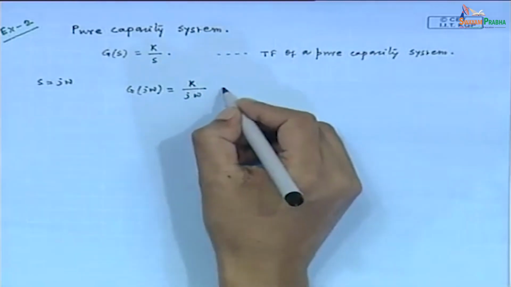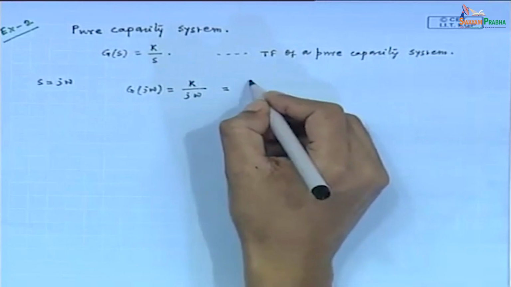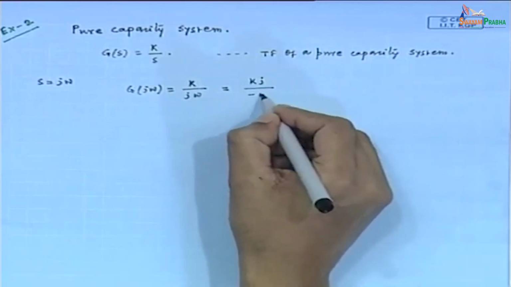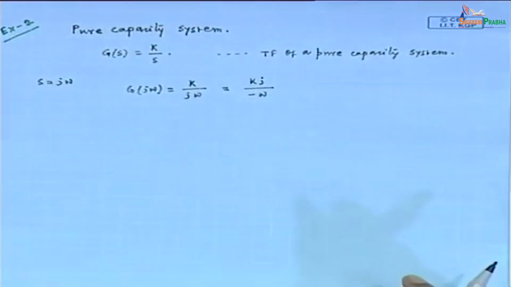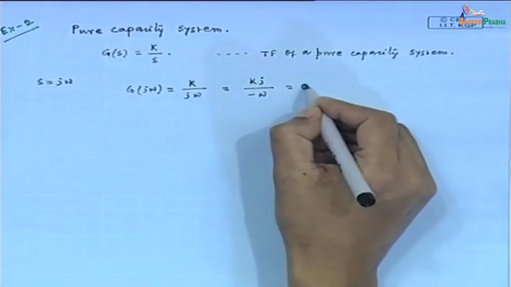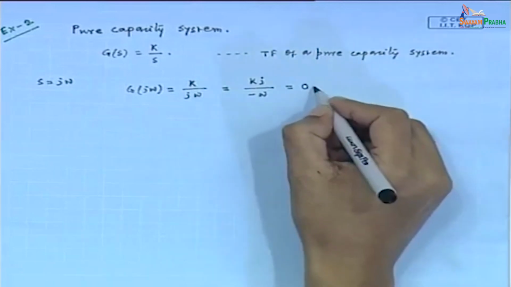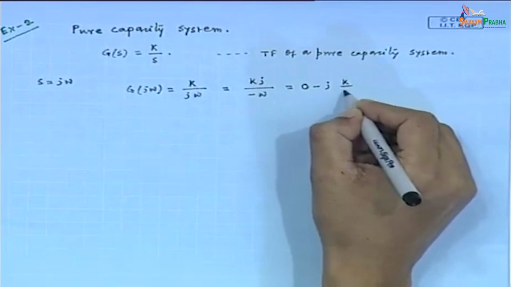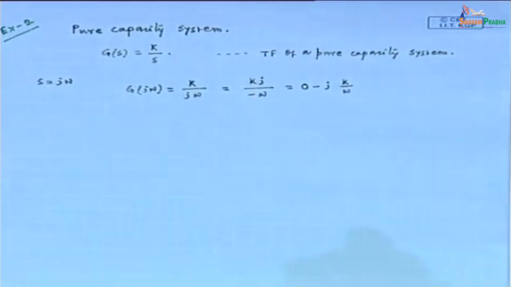Now, this we can write as k j divided by minus omega. We have multiplied j in both numerator and denominator. Then we can write as 0 minus j k by omega. Fine.